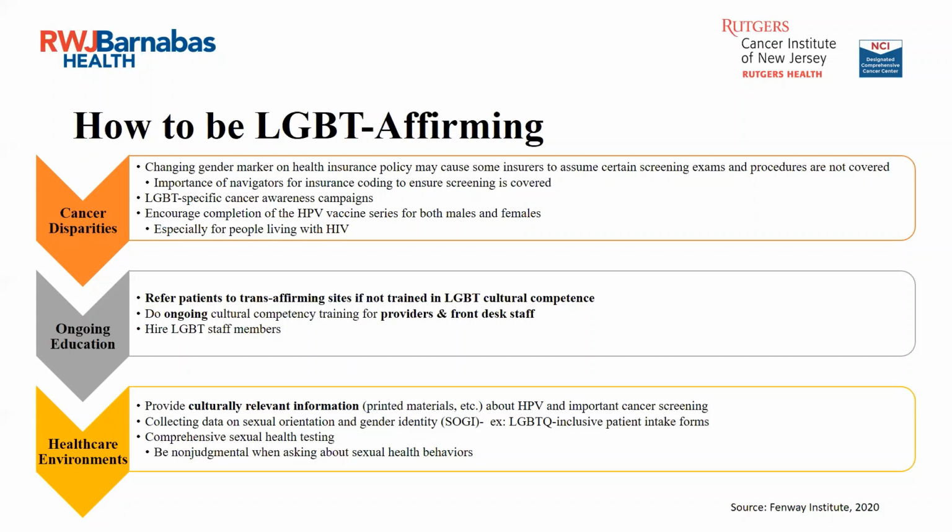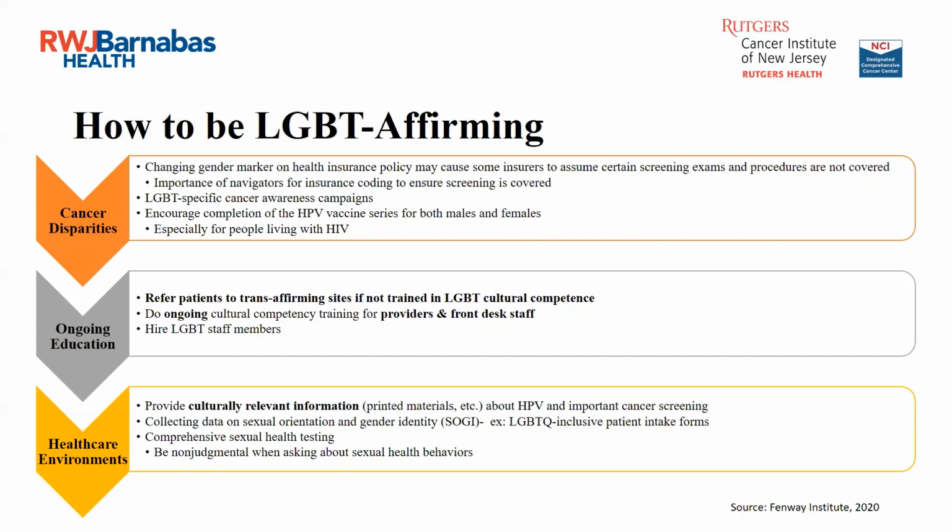And when it comes to establishing an LGBT affirming healthcare environment, you want to have culturally relevant information about HPV and cancer screening. So you want to have same-sex couples shown in the materials. You want to have diversity in who you're showing in your patient handouts.